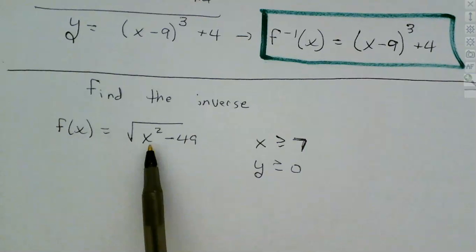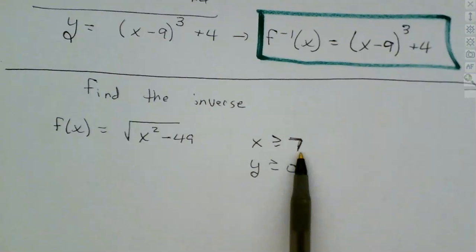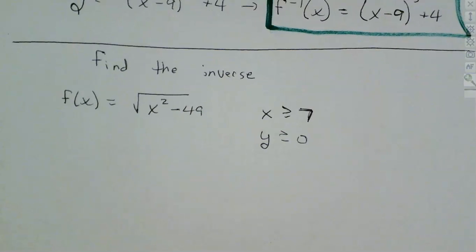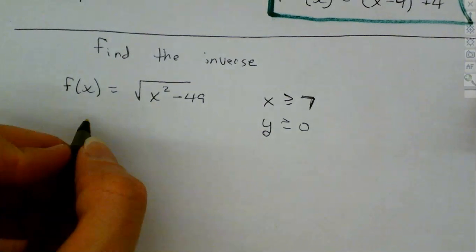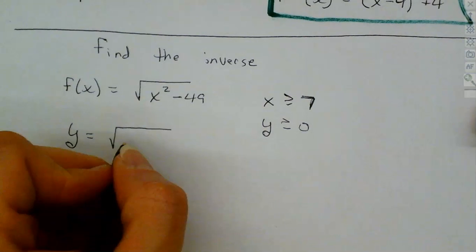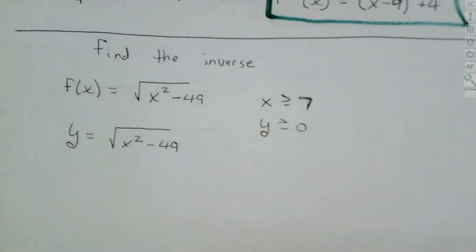Because any number we plug in is always going to make it larger. The smallest it could ever be is 7. And if I plugged in the 7, I get a 0. So we need that range because that becomes your domain for the inverse. So now let's go ahead and rewrite this as y equals the square root of x squared minus 49.